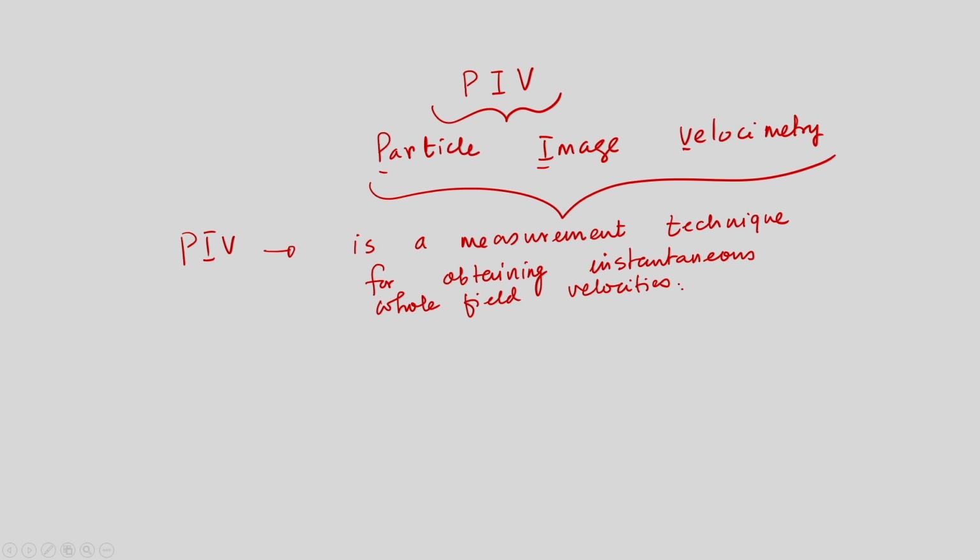This method is very popular nowadays. It has a few disadvantageous features that we will discuss, but what we can say now is that the method is used to measure the instantaneous whole field velocities, which is important for turbulent flow.